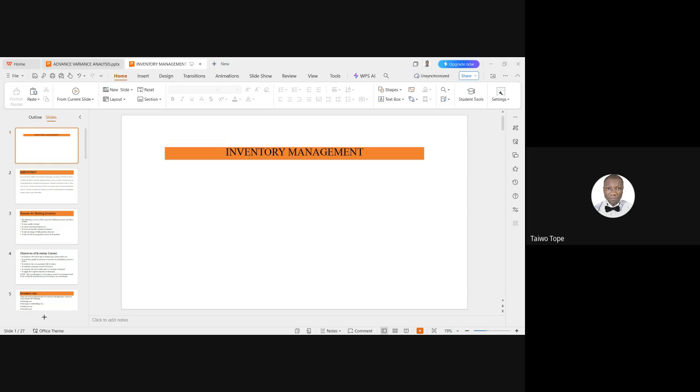So we look at the working capital cycle, talking about how we use our cash to get raw materials. The raw materials, in some instances, can become work in progress. Work in progress will now move to finished goods. When the goods are finished, you sell them out to your customers. It can be in form of credit.